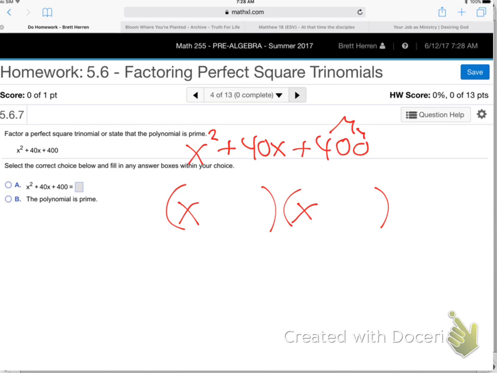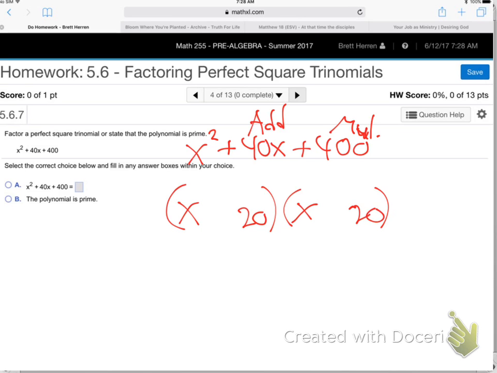We're looking for two numbers that multiply to be 400 and add to be 40. What same two numbers add to be 40? Notice how it's just going to be the middle number divided by 2 every time. Want to save some time, right? It's going to be the middle number divided by 2 because two of them have to make the middle number.